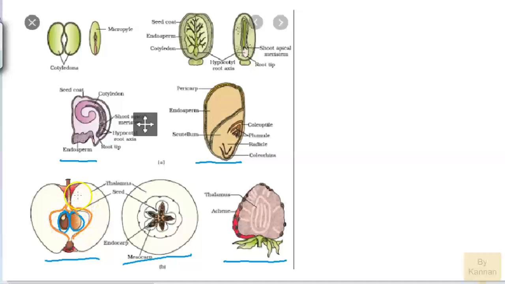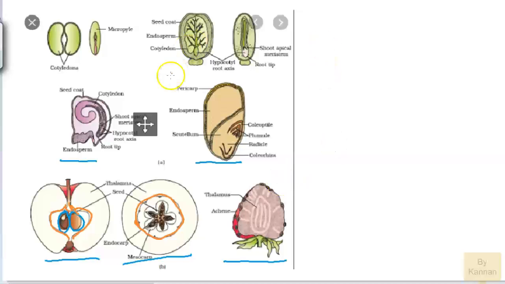The remaining things are the thalamus, which are not really fruit materials, but these plants have adapted like that. Here also this is the real fruit part, but the edible part is not really a fruit region. We generally think that this is a fruit part, so we call it a pseudo fruit, a false fruit. Fine.